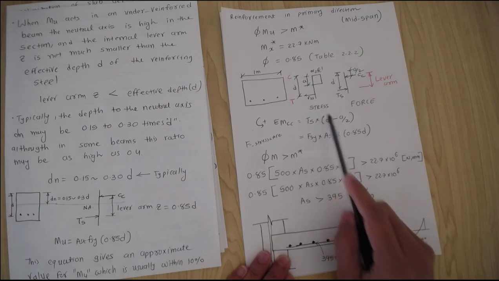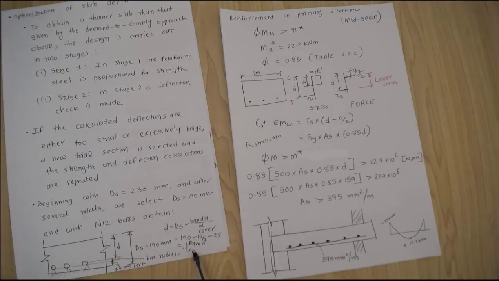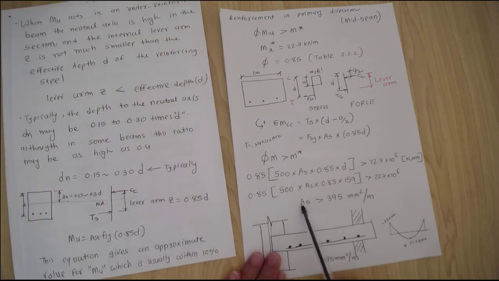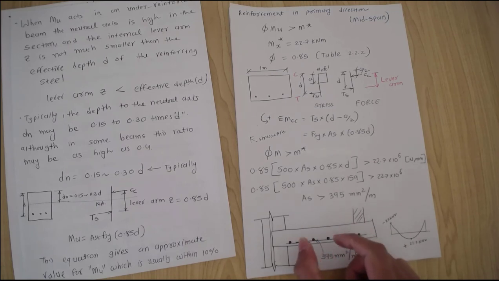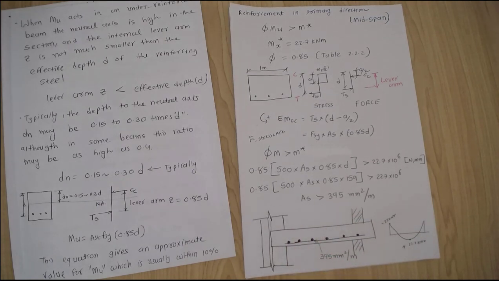The effective depth is 159, which we calculated here. If you simplify that, the tensile reinforcement at this particular point is 395 millimeter square per meter. So for the 1 meter wide strip at the midspan, you will provide reinforcement of 395 millimeter square per meter. In the next video, we're going to look at the reinforcement requirement at the first interior support.